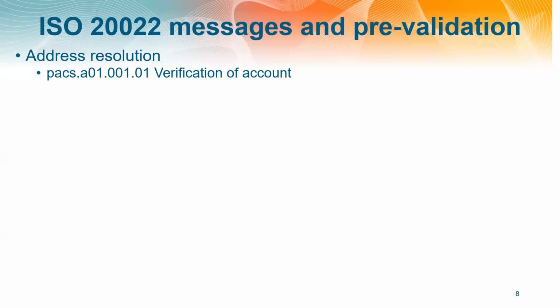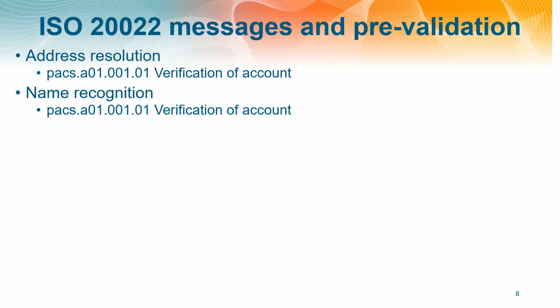So my expectation is that that will be the message which is used to ask which DFSP is responsible for an account represented by a particular identifier, and whether that account is open to receive payments.